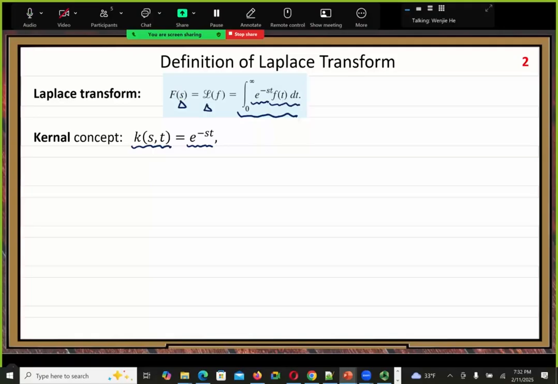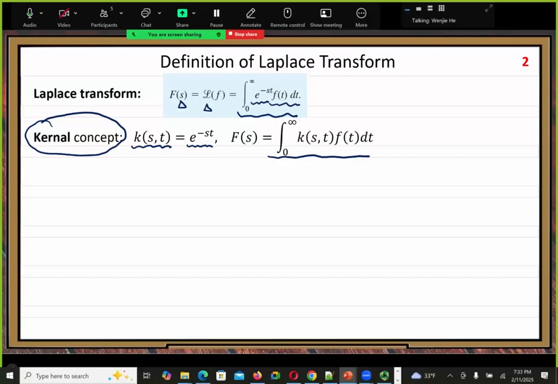When people introduced this kernel concept, they could use it to define many different kinds of operations, the transforms. So people use the kernel way to define a transform.